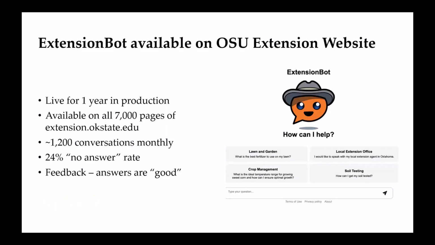It's available on the Oklahoma State University Extension website, and Extension Bot looks very similar to ChatGPT. So yes, it has been live for 1 year in production. Still uploading a lot of different information, with about 1,200 conversations on a monthly basis, and a 24% no-answer rate.